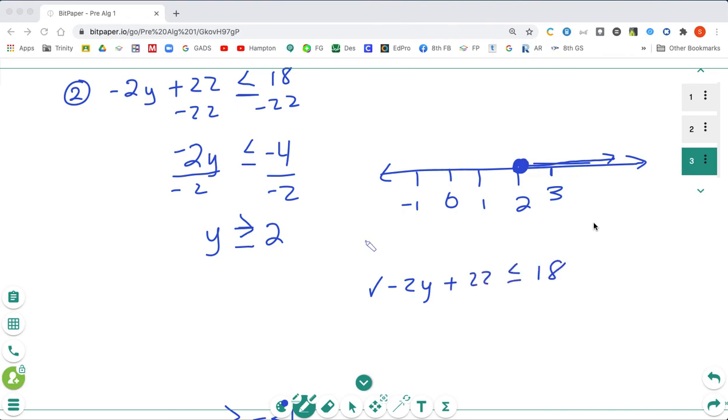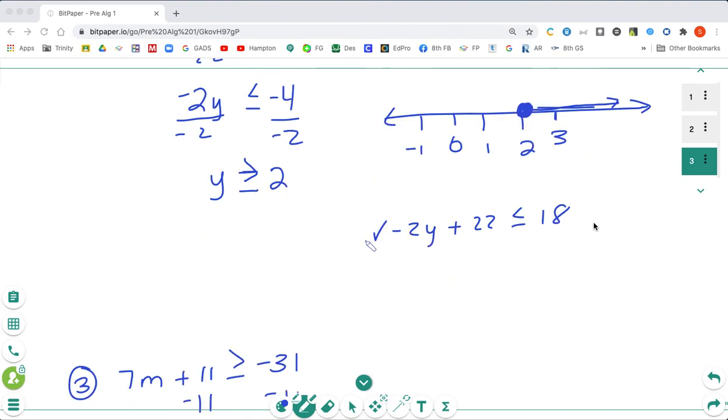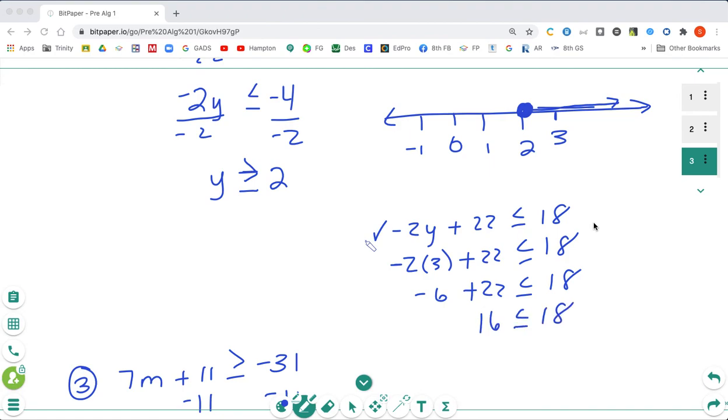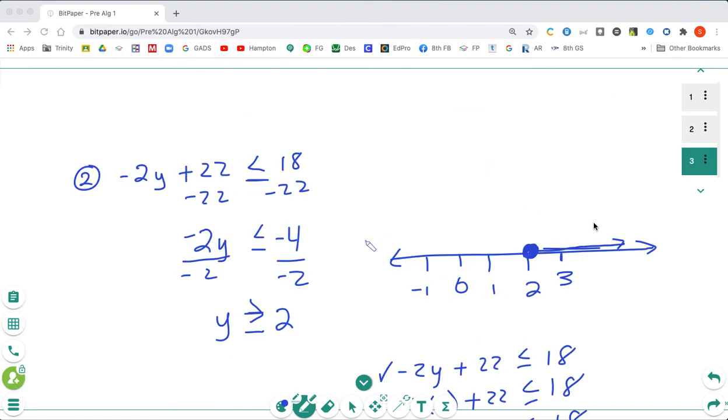Notice that I am writing the original inequality every time, and then I'm doing my substitution. -2 times 3 plus 22 is less than or equal to 18. This is going to be -6 plus 22 is less than or equal to 18. Notice that I'm just doing PEMDAS. So this is going to be 16 is less than or equal to 18. That's true, so I know that that one is right.